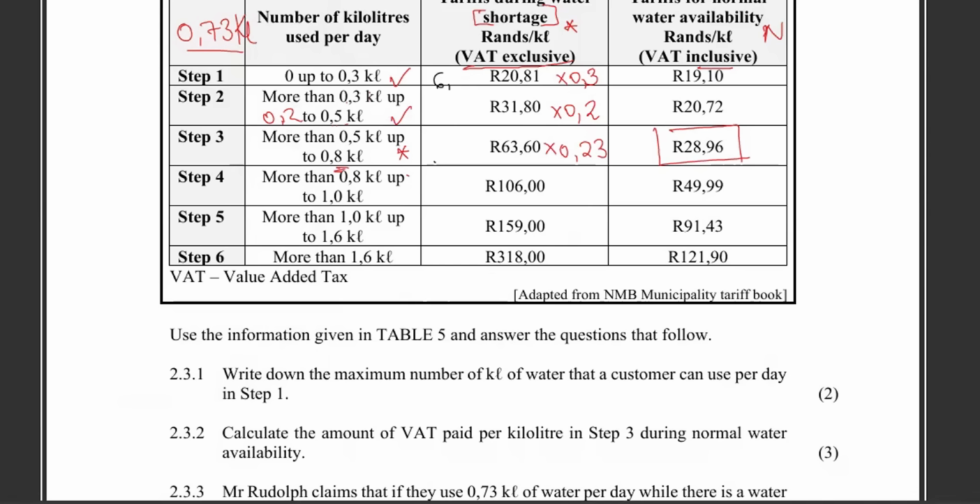Here I have 6.24, then here you have 6.36, then here we have times 0.23, and we get 14 comma.